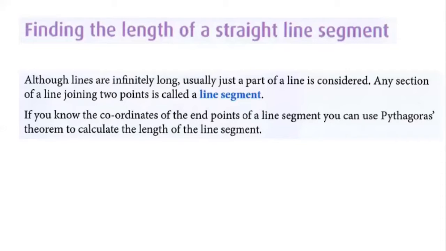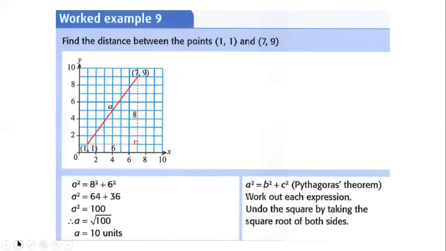If you know the coordinates of the endpoints of the line segment, you can use the Pythagoras theorem to calculate the length of the line segment. How can you use the formula of Pythagoras? Let us look at this worked example and try to understand what is happening from the graph.